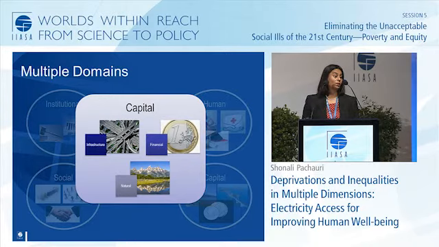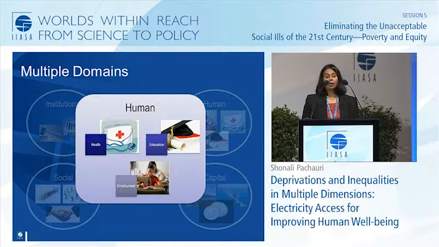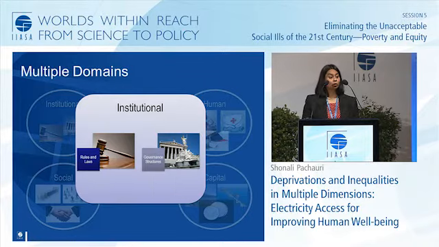Capital of all forms is essential: natural, physical, financial, and I will focus on infrastructure of the electricity sector. Human capital was the focus of Professor Lutz's talk yesterday, and of course education, healthcare, and gainful employment are essential. And finally, the institutional dimension is overarching because, of course, good governance underpins progress in all these dimensions.